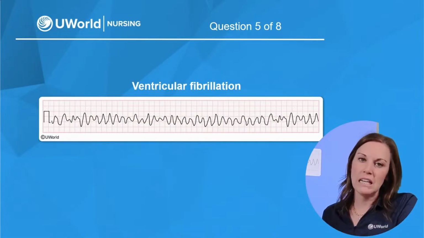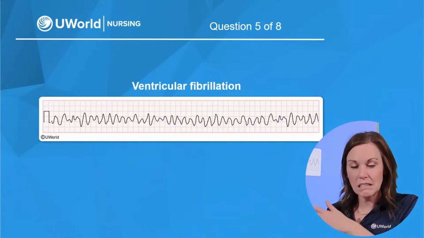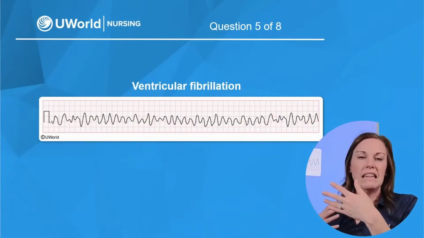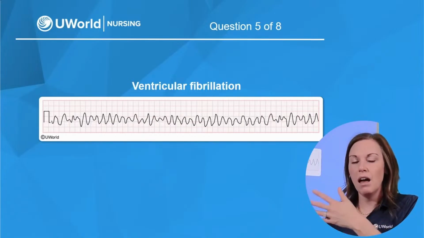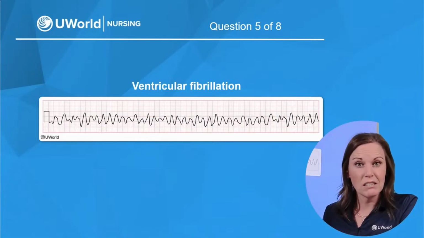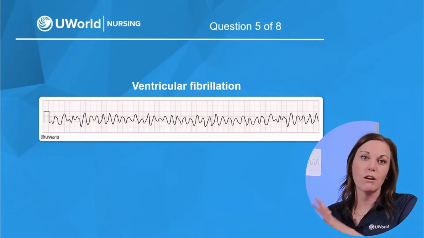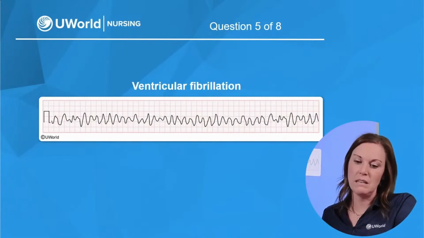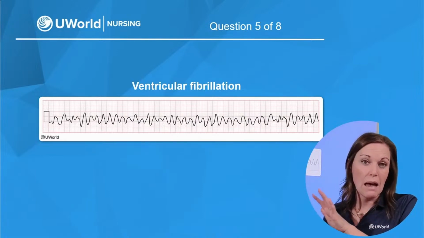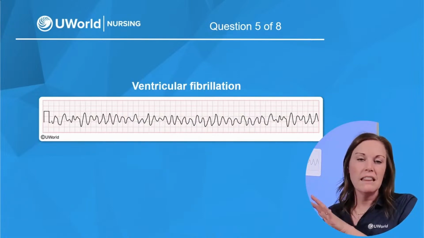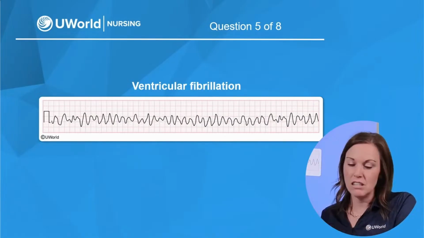When we're treating clients with VFib, if they're pulseless, meaning the heart still has some electrical activity but it's not enough to generate a pulse in our periphery, we're going to start CPR. We want to make sure we're perfusing our organs. That's the whole point of CPR. Then we're going to defibrillate. We can give medications like epinephrine and amiodarone, and then oxygen, of course, to be sure that we're supplying our blood with oxygen the best we can.